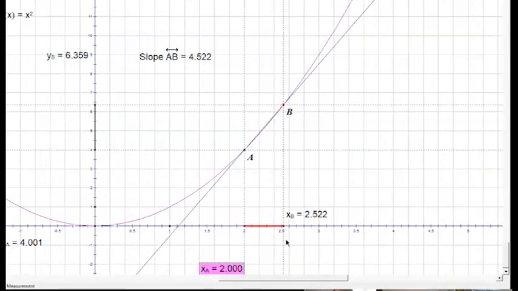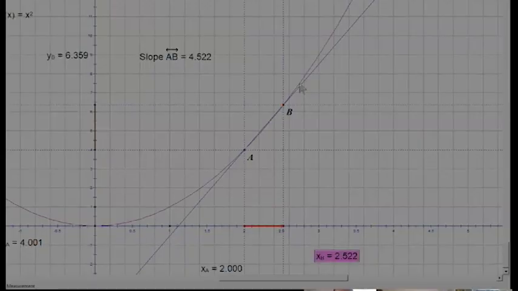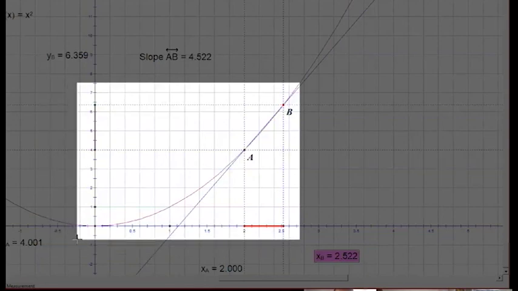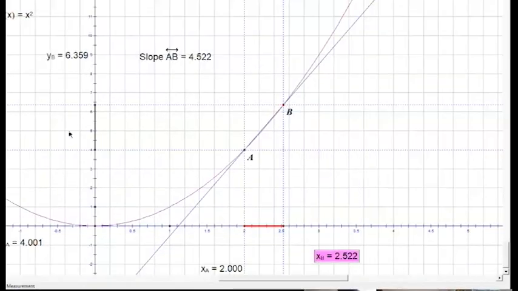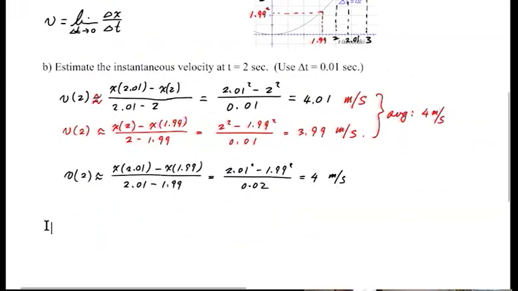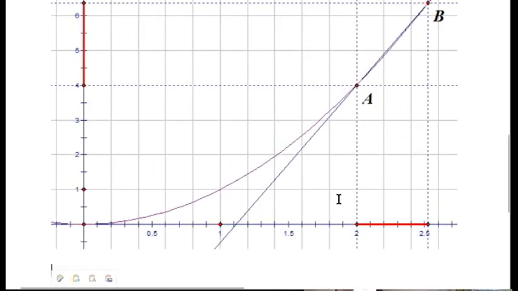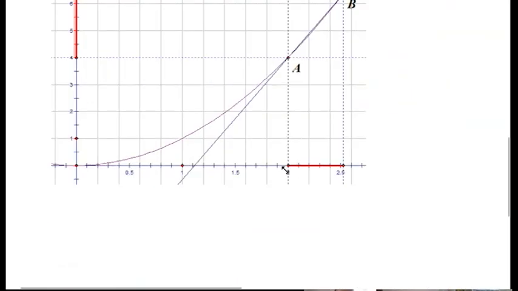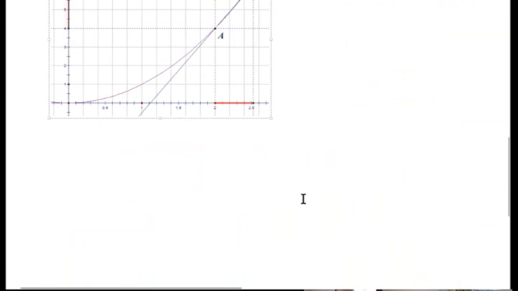Let me take these things apart. Then I'm going to make a copy of this picture. Whenever I make a copy like that, it always turns out to be quite big.